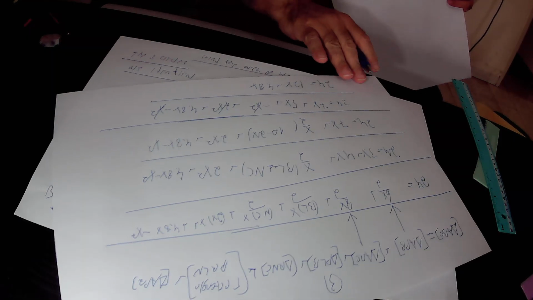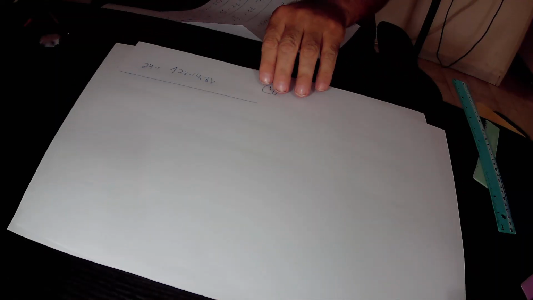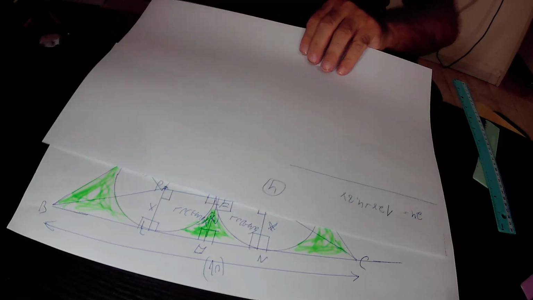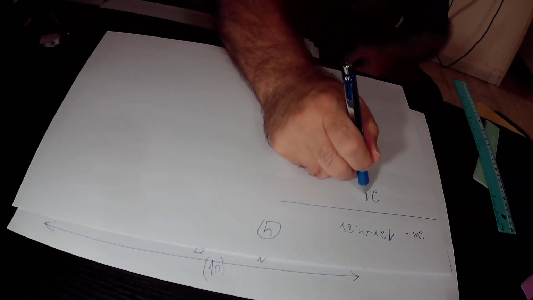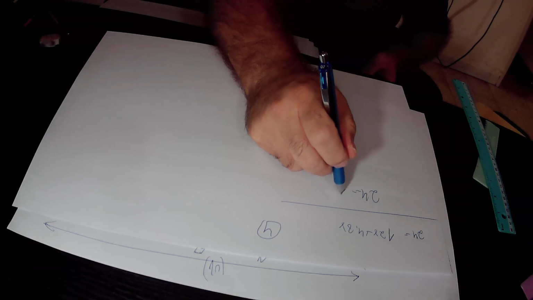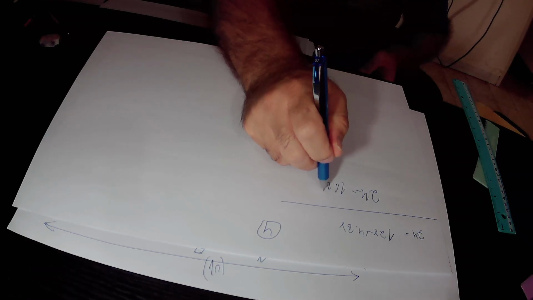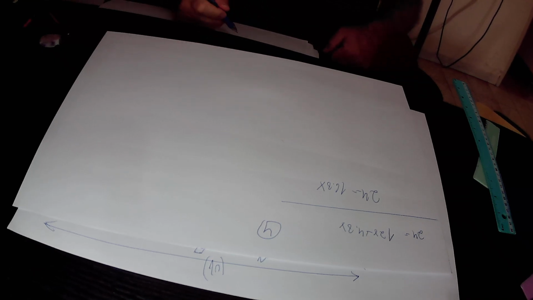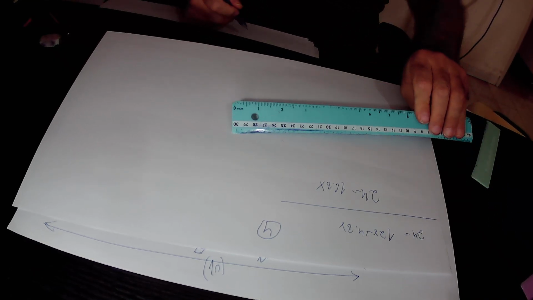And again, we should know that 24 equals 12x plus 4.8x, which is 16.8x. In total, we should find out that 24 equals 16.8x.